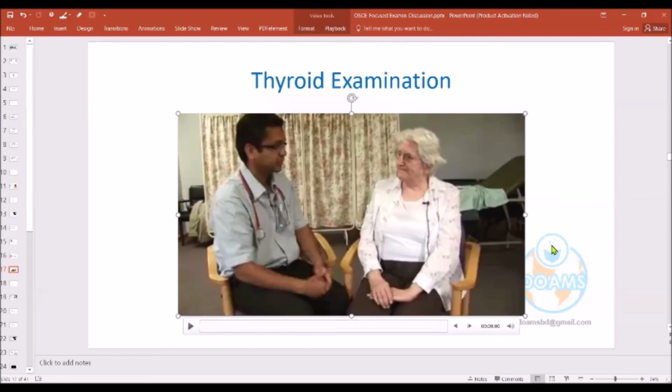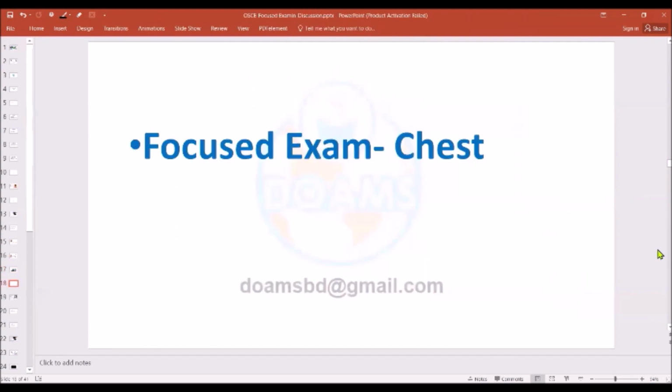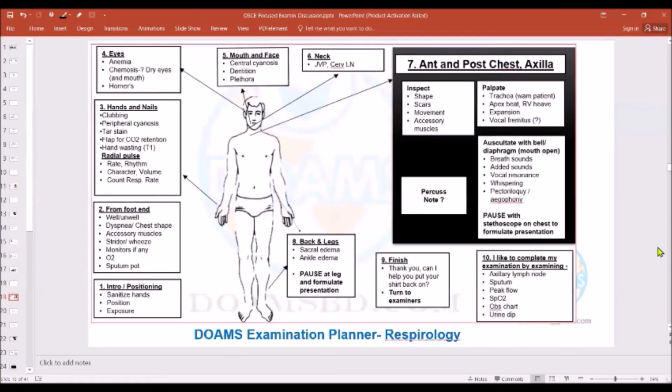Focused examination. So, I believe that all of you who attended the session up to now can make a meaningful examination plan for each and every case. It requires your previous knowledge of the disease. Otherwise, you cannot do it. Okay. So now, similarly, chest examination, suppose.